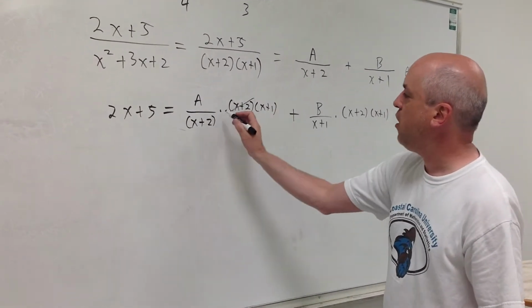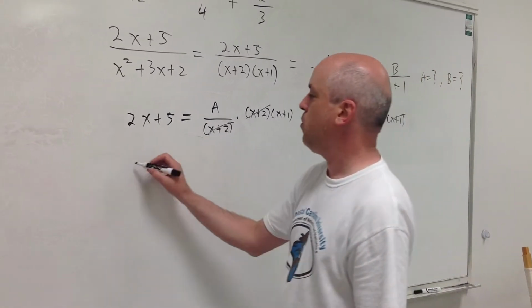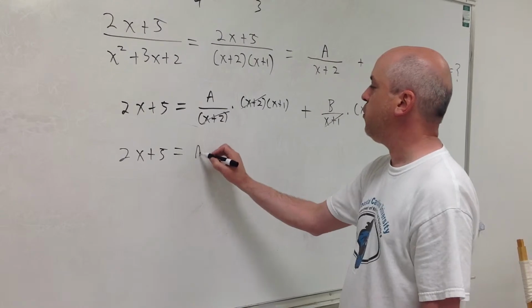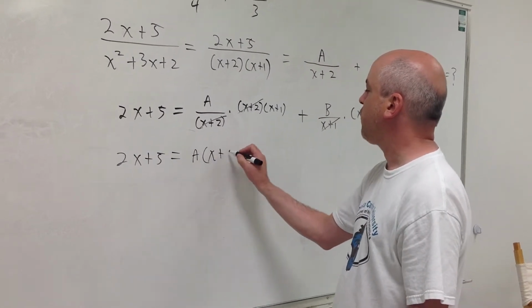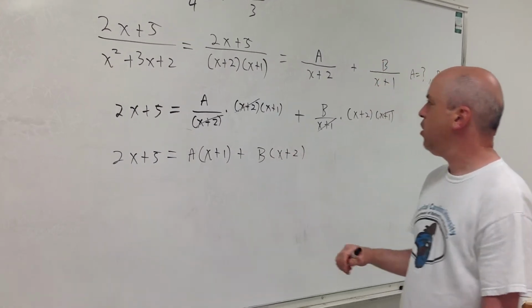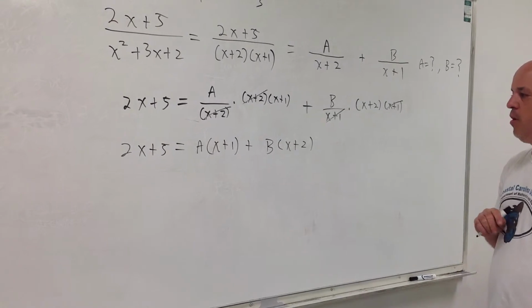And we can see cancellation. So my simplified equation without the fractions just looks like 2x plus 5 equals a times x plus 1 plus b times x plus 2. With a little practice, you can usually go straight from here to here without doing an intermediate step.